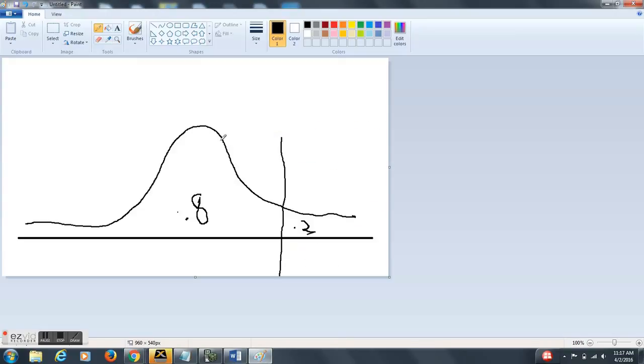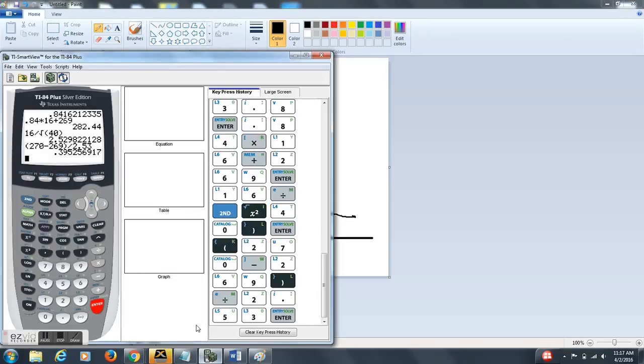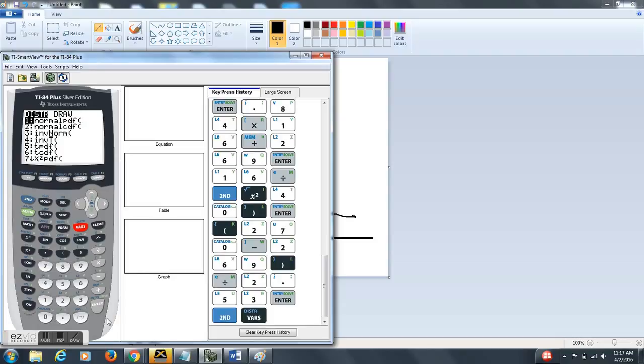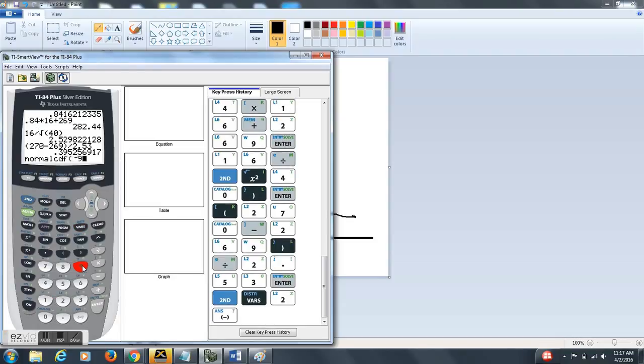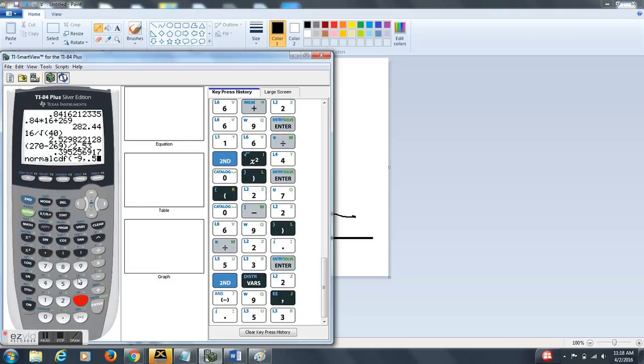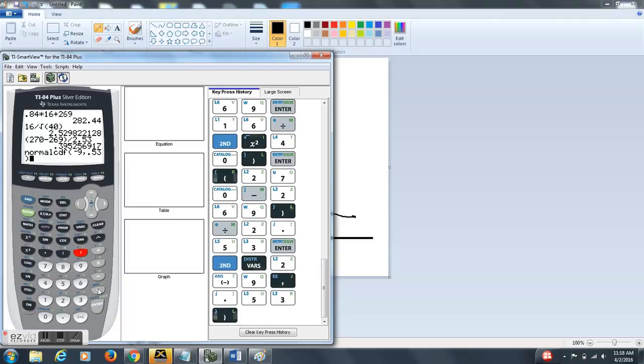If I do my little curve, we look over to that side, so I want to go from something negative up to 0.39. So distribution, normal CDF, lower bound from the left, negative 9, and then 0.39. Is that 70.19?